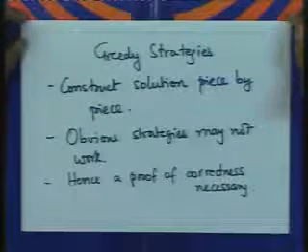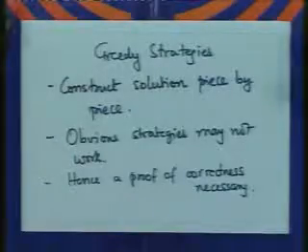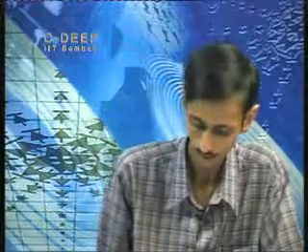If you are giving an obvious solution to a problem, then you had better prove that this obvious solution is indeed correct. There are usually two ways of writing a proof for these greedy strategies. One is induction.